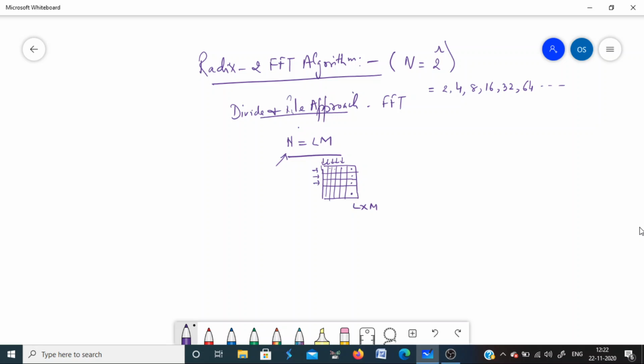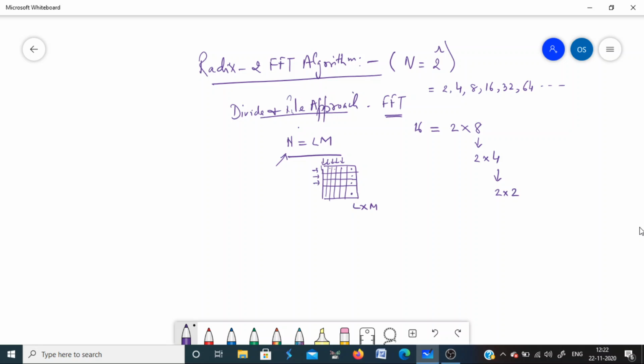You will soon see that in this case, suppose you have to compute a 16-point DFT, you first divide 16 as 2 into 8, then this 8 is further decomposed as 2 into 4, then this 4 is further decomposed as 2 into 2.